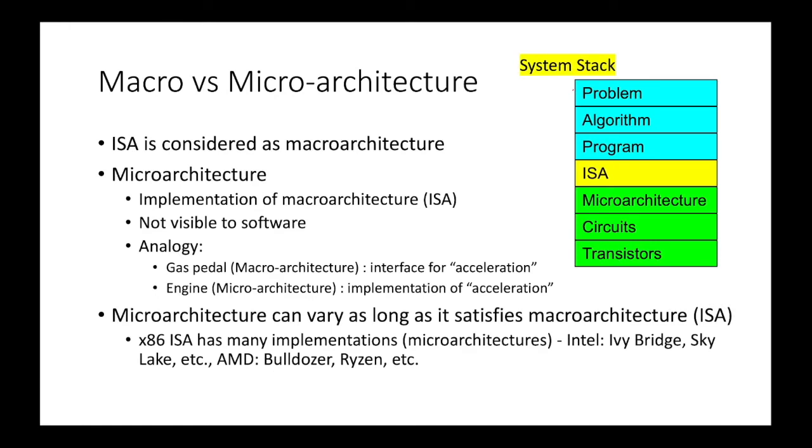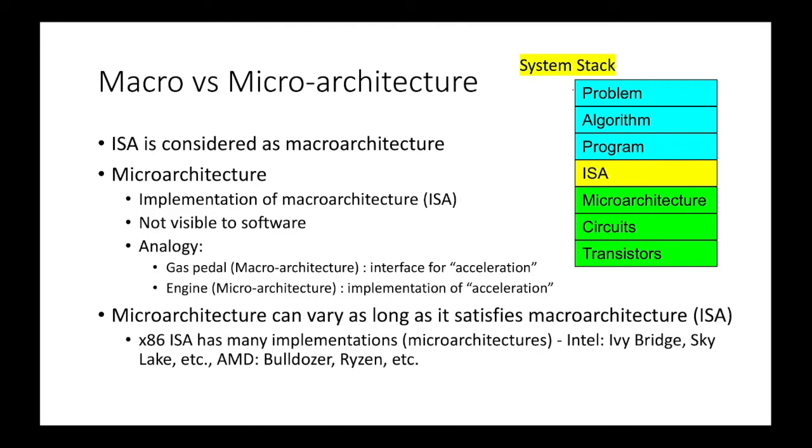Let's talk about macro versus microarchitecture. The ISA, which is the interface between software and hardware, is considered the macroarchitecture. The microarchitecture is an implementation of the macroarchitecture, and it is not visible to the software. We have a good analogy. A gas pedal, which is an interface for acceleration in a car, is a macroarchitecture.